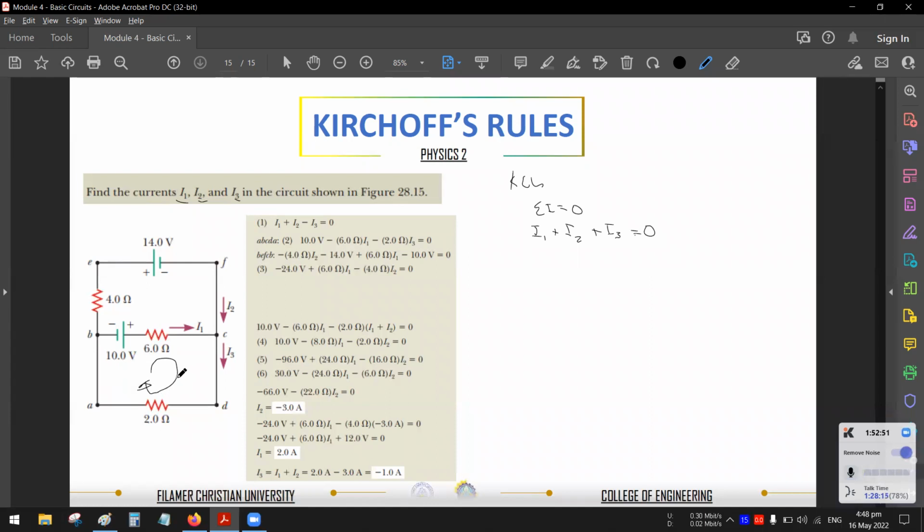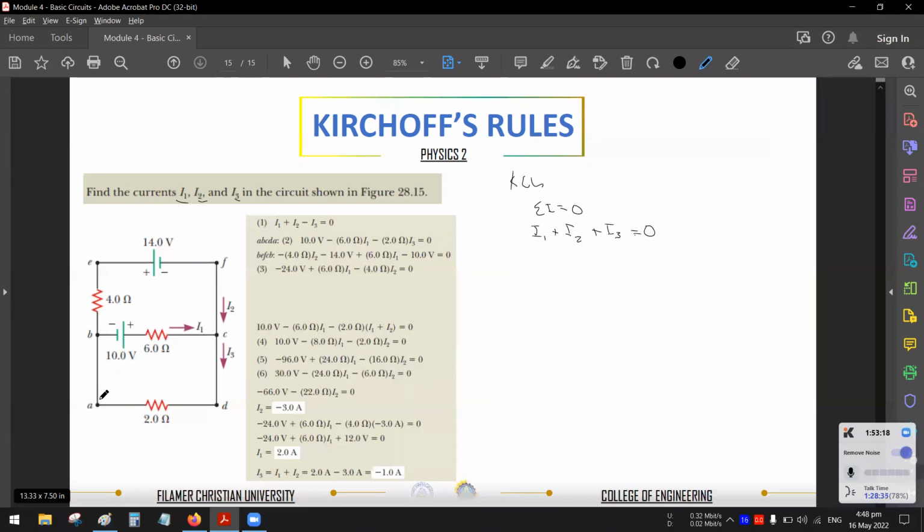Second loop, we have B, E, F, C, B. And third loop, yung third loop natin is yung kabuuan. We have A, E, F, D, A. Okay? Tatlong loops tayo.